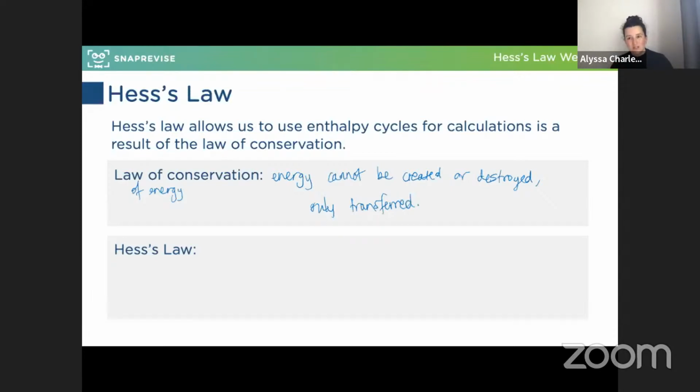What is Hess's law? Does anybody know what Hess's law is? It's a very useful law, and it's a hard one to get your head around, but it does make sense when we've got our head around it.